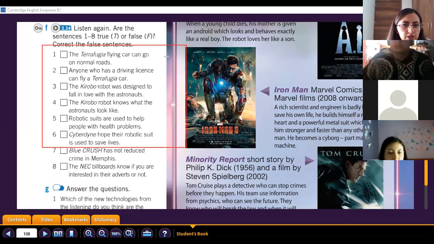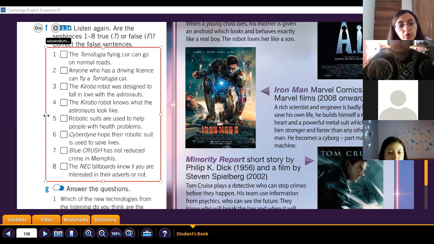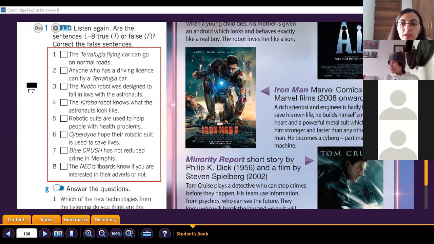I hope everybody can see it well. All the sentences we have on the red chart, the 8 sentences, you're going to help me completing if they are true or false according to the listening. So we're going to listen and then we're going to make some pauses in order to see if they are true or false, okay? So pay attention because you're going to listen to the record. Let's start.